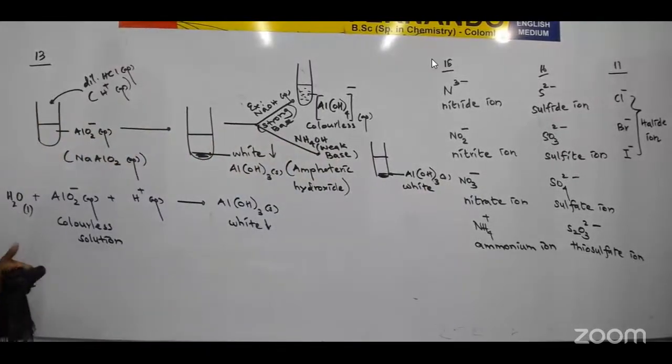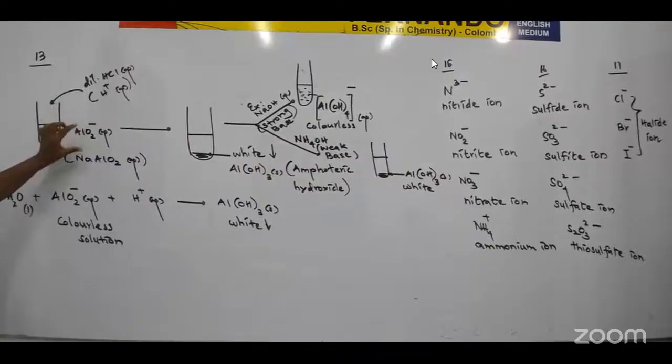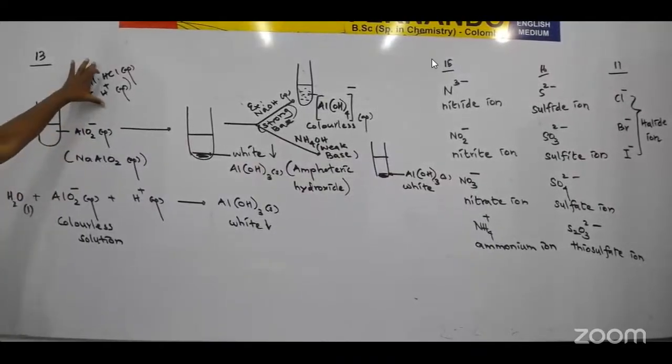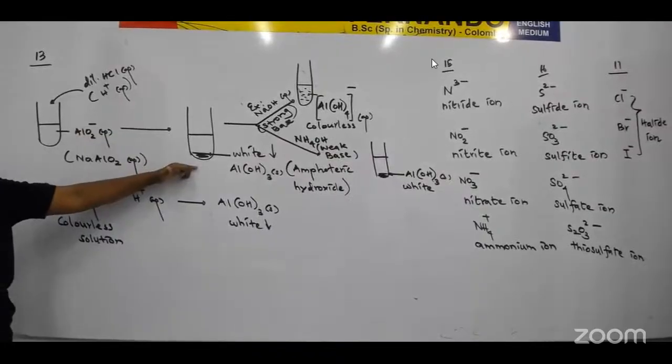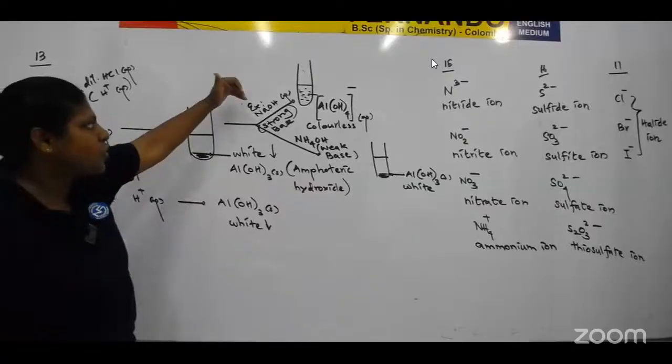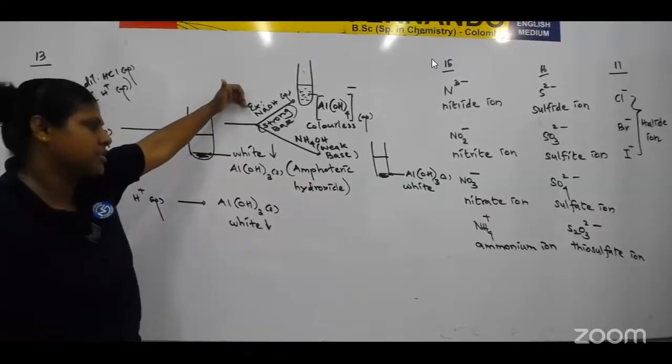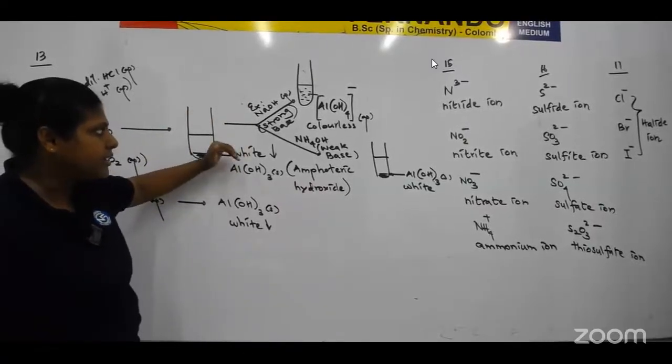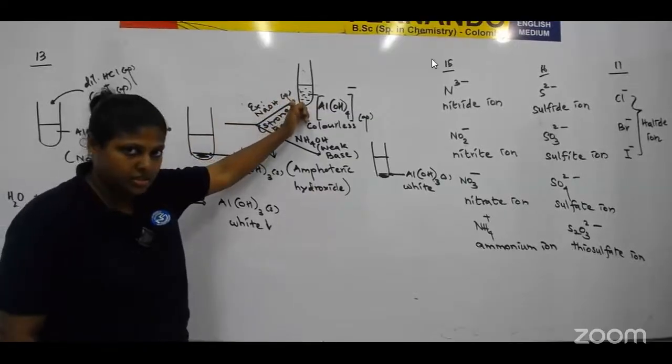Clear? Initially we had aluminate ion. We added dilute HCl. It formed a white precipitate, that is aluminium hydroxide. But when we add a strong base like sodium hydroxide, the white precipitate dissolves to form a colorless solution.